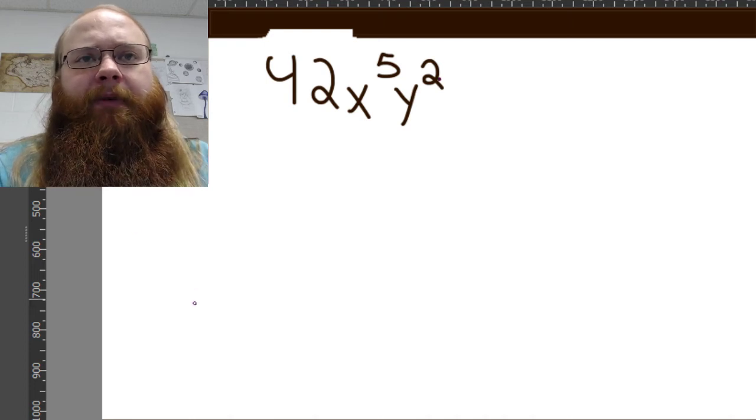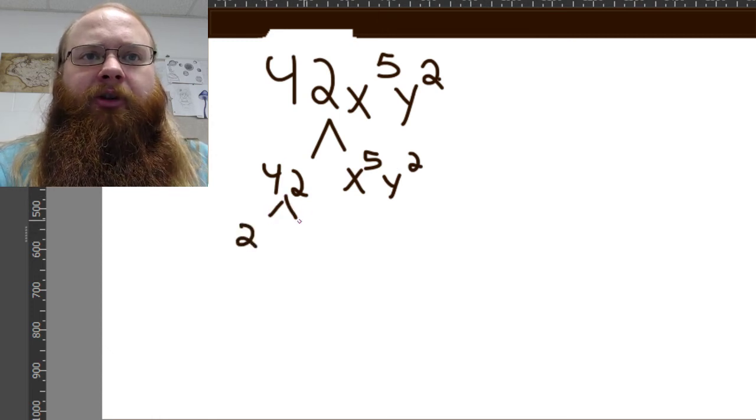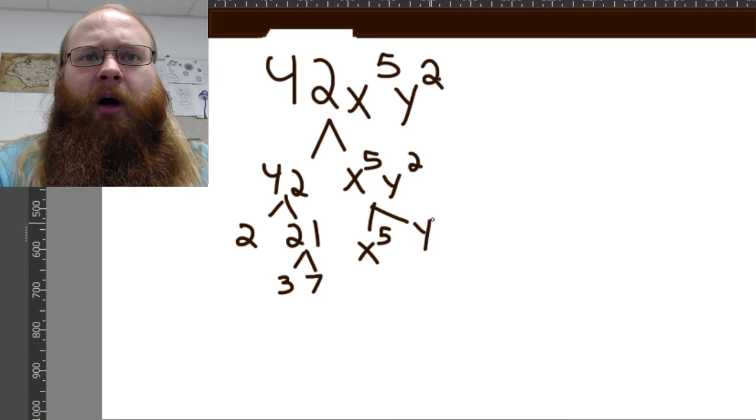Okay, so let's go ahead and review this. We're going to first split this up into our number and our variables. Our number, again, is an even number. So 2 and 21. And 21's factors are 3 and 7. So we split this up into our x's and our y's. Our exponent for the x is 5, so we're going to have 5 x's.